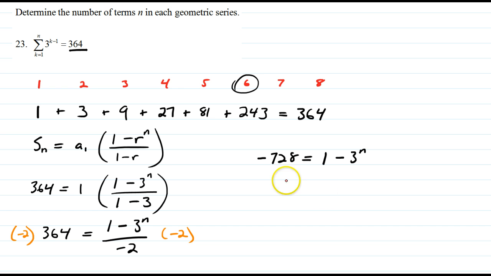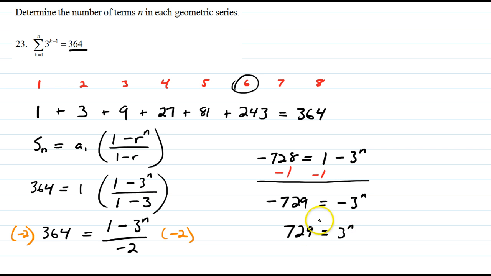Minus 1 from both sides. Now we get negative 729 is equal to negative 3 to the n. So we want to figure out 3 to what power equals 729, and so you could just start typing in numbers, and eventually you'll get n equals 6.